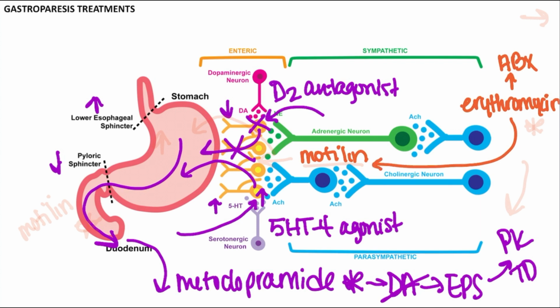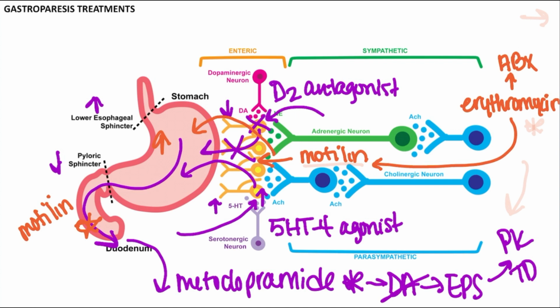And motilin receptors are found in the enteric nervous system and possibly on the smooth muscle cells of the GI tract as well. And when bound by either motilin, which is released by cells in the small intestines, or erythromycin, this leads to GI contractions and increased GI motility.